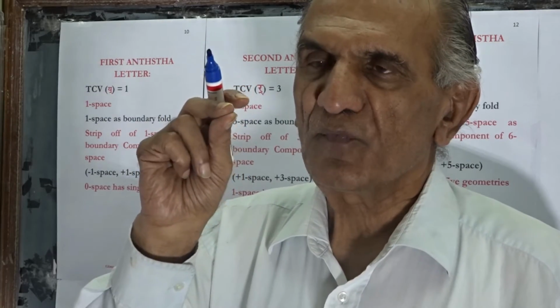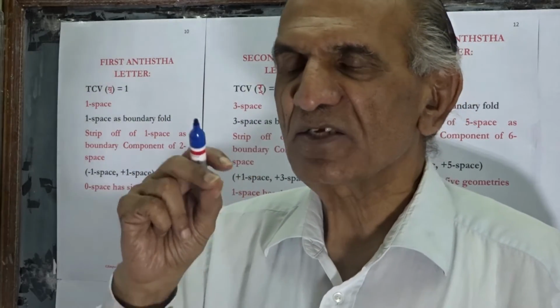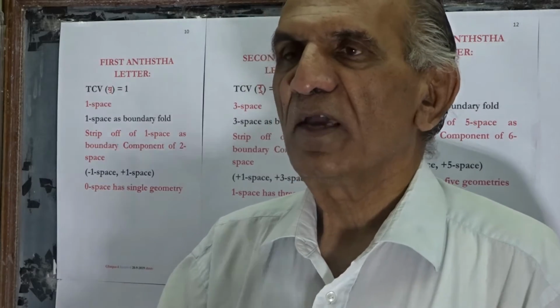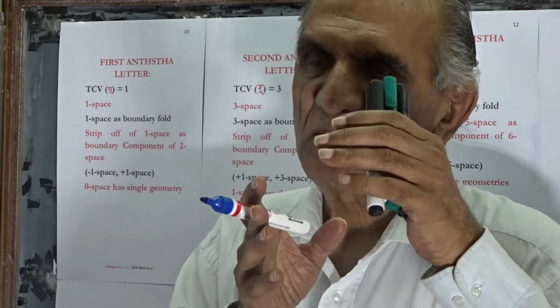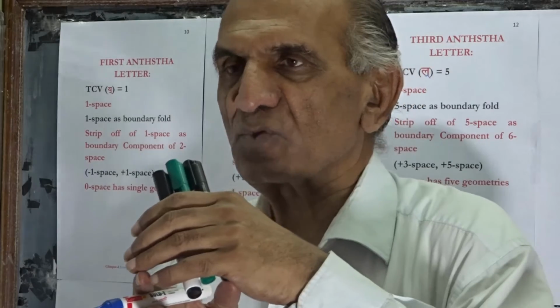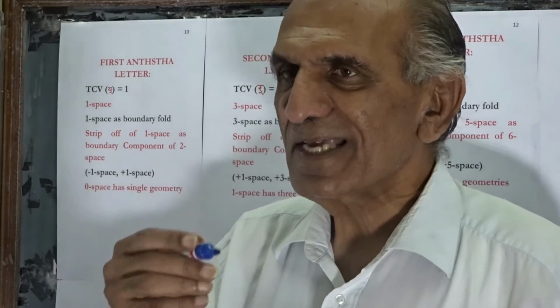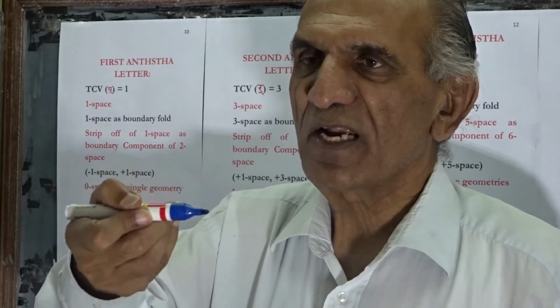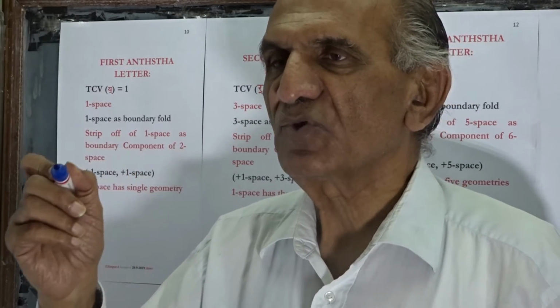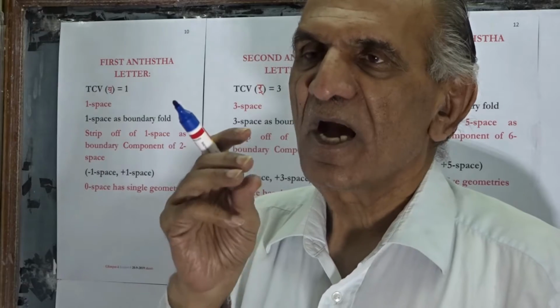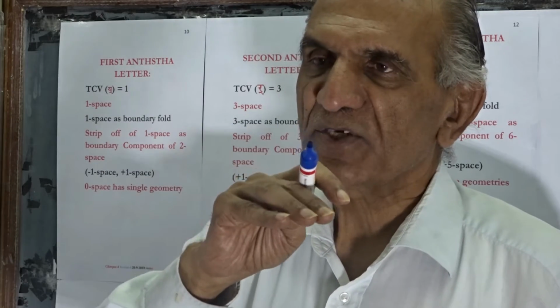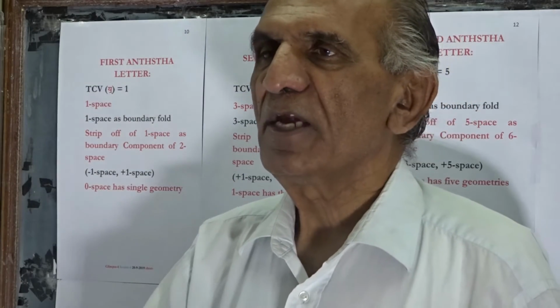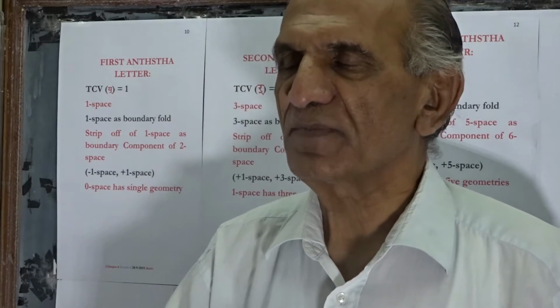Now, hypercube 4 is having 3 space in the role of the solid dimension of 5 space origin. Now, the second phenomenon of the format of the second Ushmana letter Sha, of TC value 3, as a result amounts to a split of a 3-dimensional frame into a pair of 3-dimensional frames.